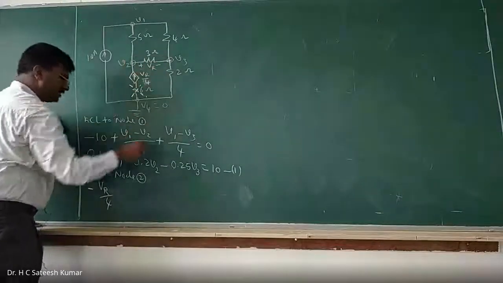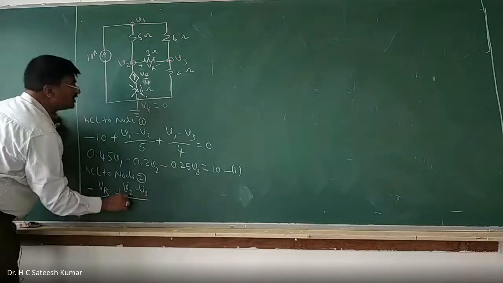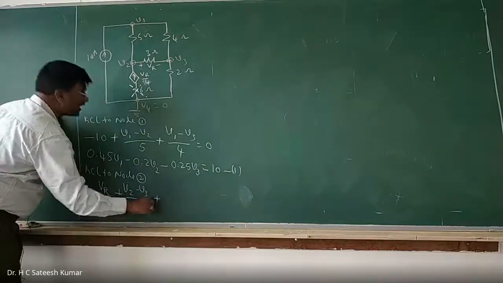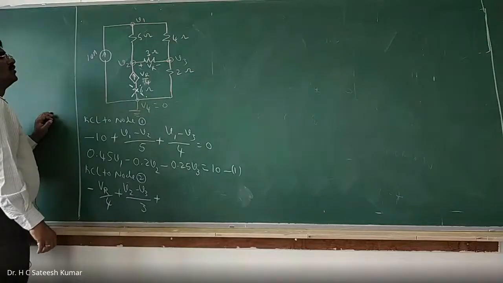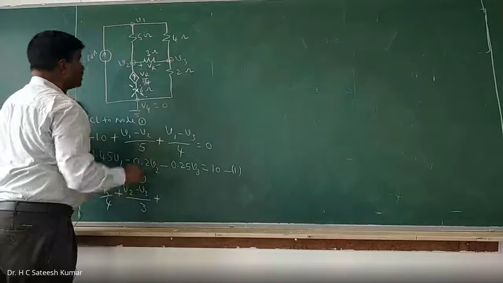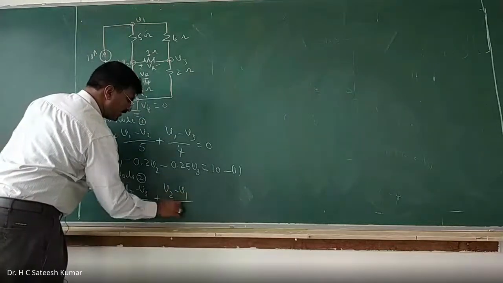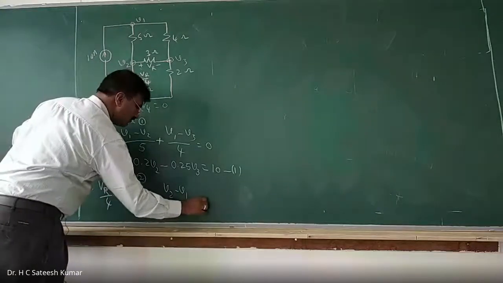Plus V2 minus V3 divided by 3 plus V2 minus V1 divided by 5 is equal to 0.